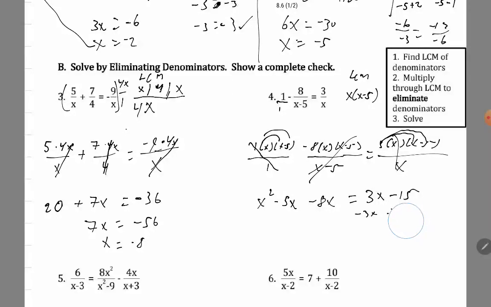Actually, let's simplify this a little bit. x squared minus 13x equals 3x minus 15. Now I'm going to move those over by subtracting 3x and adding 15. So I'll get x squared minus 16x plus 15 equals 0.